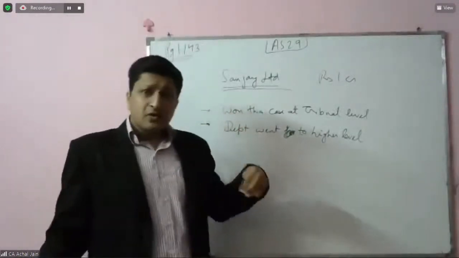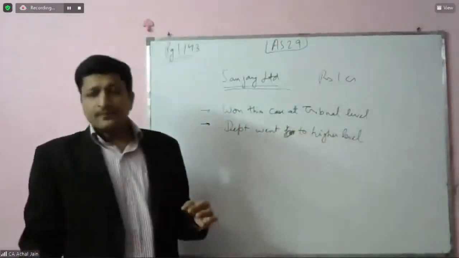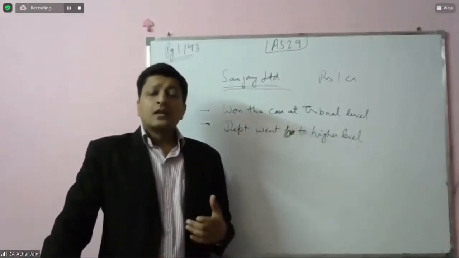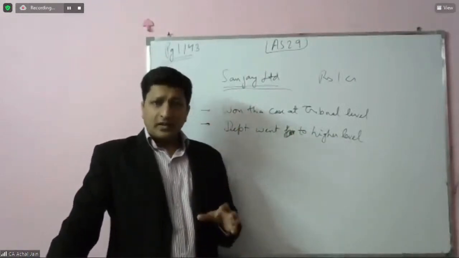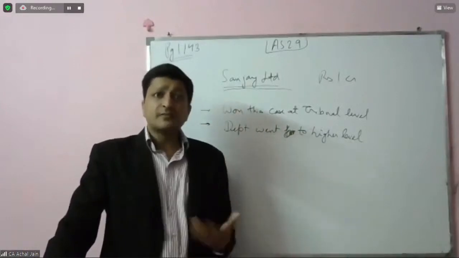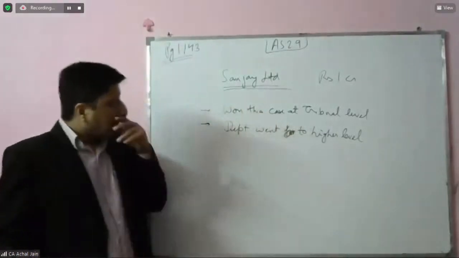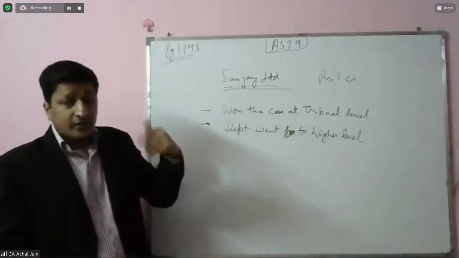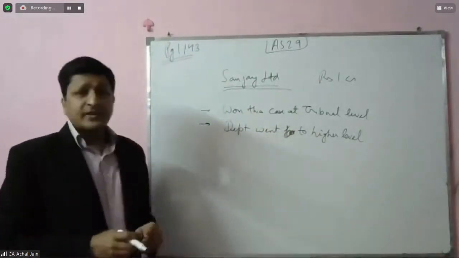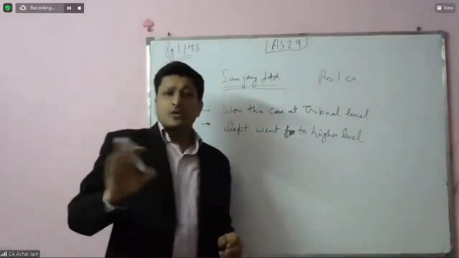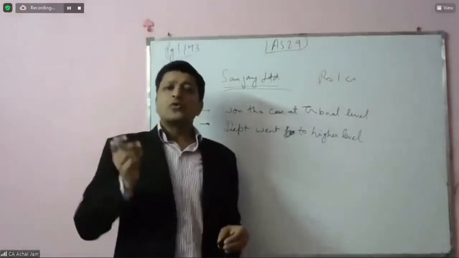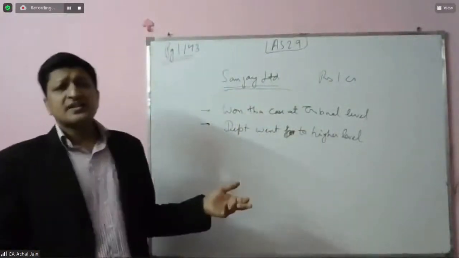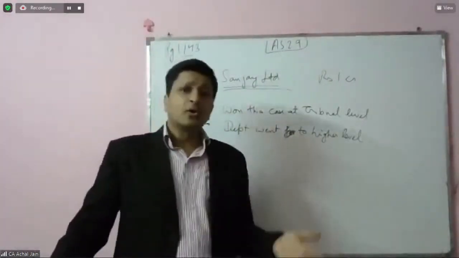So now because they have won the case, what are we into in terms of this assessment of the case? Because the department has gone in for a higher appeal, definitely the company is not sure whether this amount will be received or not, because once again this will be contested at the higher level and the company will win or lose.